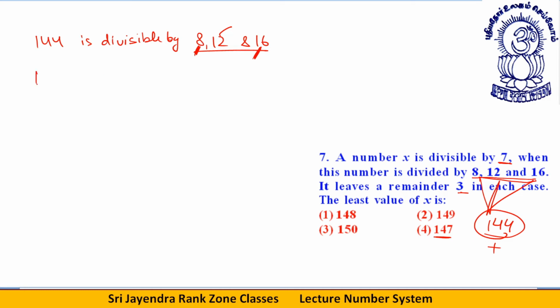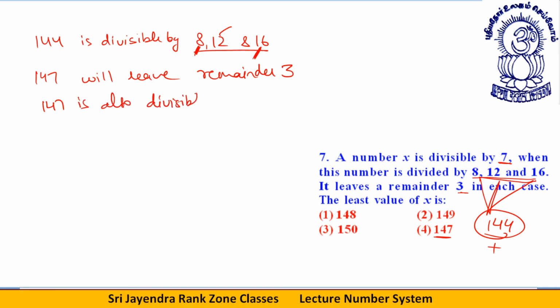Okay. So 147 will leave remainder 3. This is one thing. 147 is also divisible by 7. So that way this is your answer. 147 is the answer. This is one way.